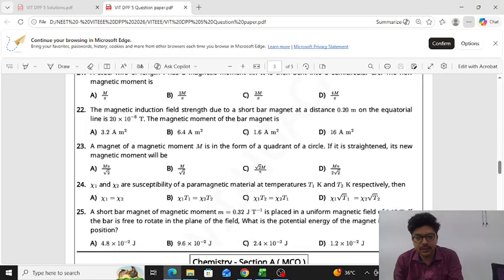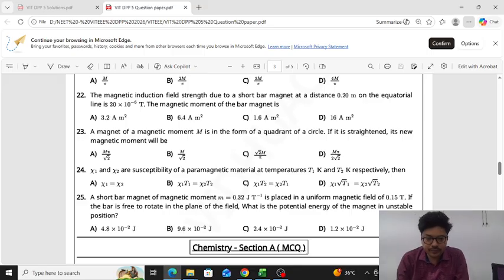Okay, next one. Question number 22. The magnetic induction field strength due to a short bar magnet at a distance 0.20 meter on the equatorial line is 20 into 10 power minus 6 Tesla. The magnetic moment of the bar magnet is.